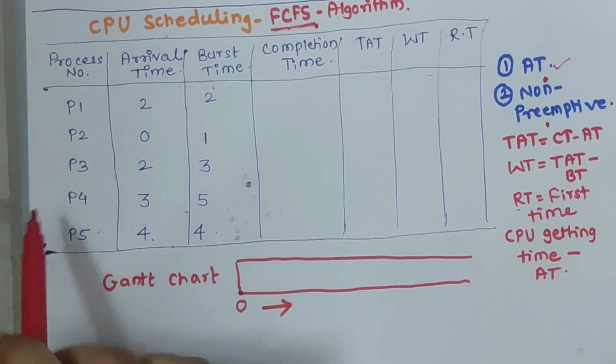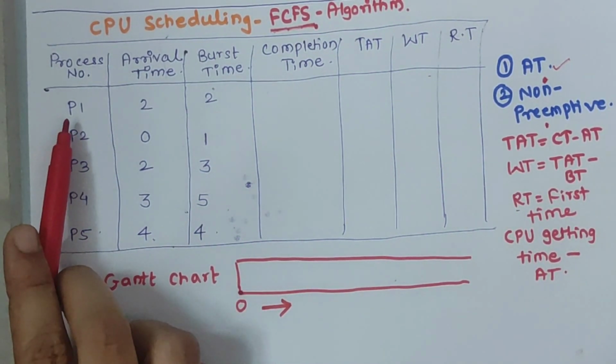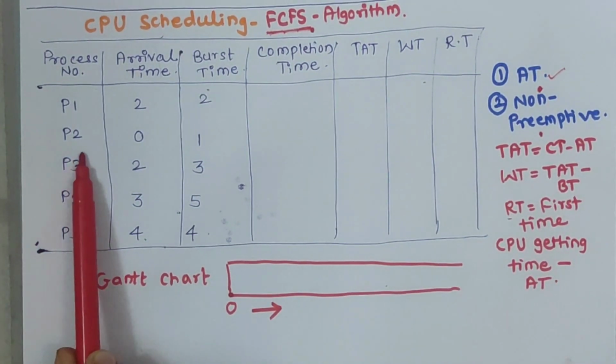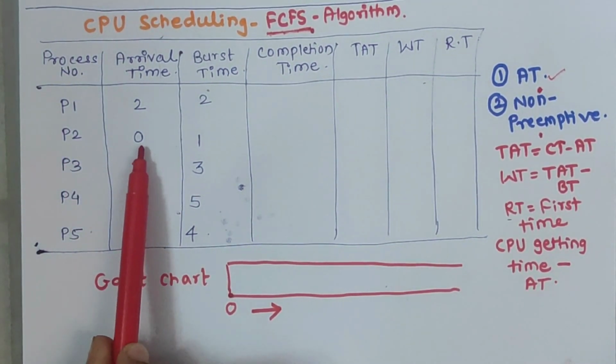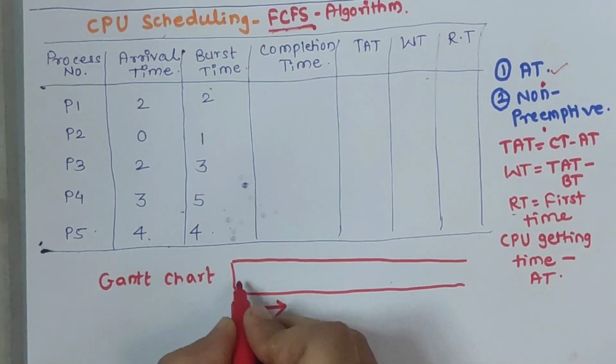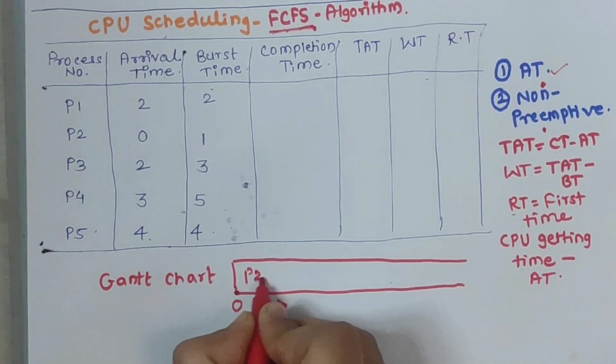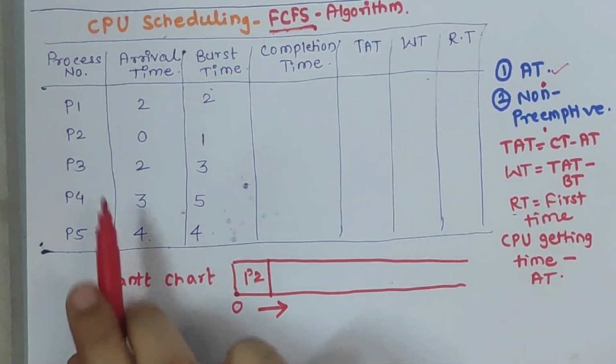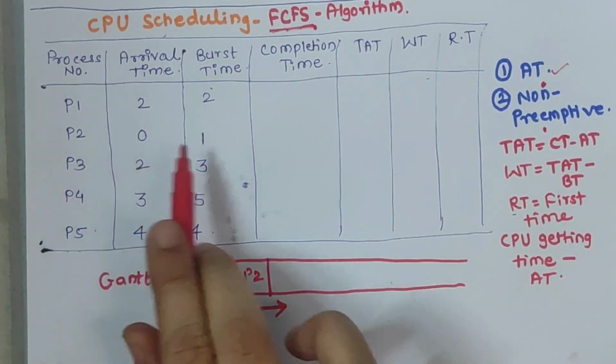The very first thing is that process P1 arrives at time 2, so we cannot put P1 into the CPU. Now we check process P2. Process P2 arrives at time 0, so we put P2 into the Gantt chart, that is, we provide it to the CPU for execution. The time required for completion of P2 is 1.